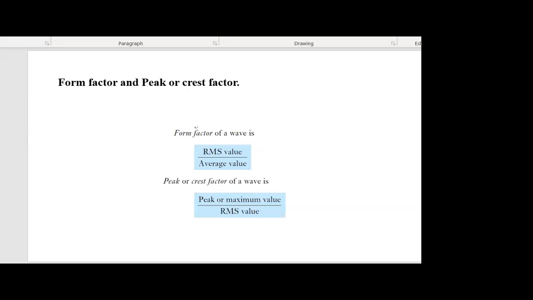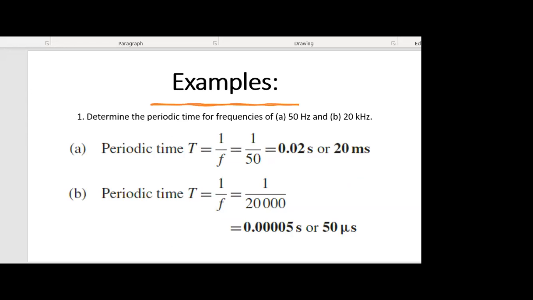Then we look at some examples here. Determine the periodic time for frequencies (a) 50 Hz, (b) 20 kHz. We need the period, but we have the frequency.